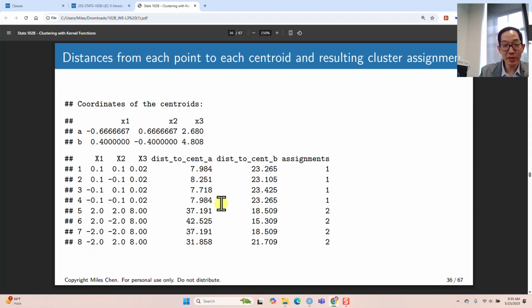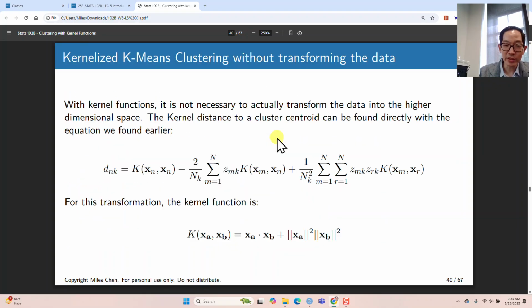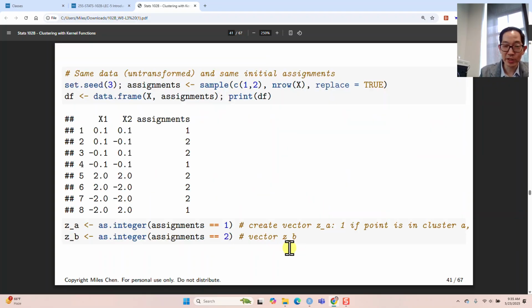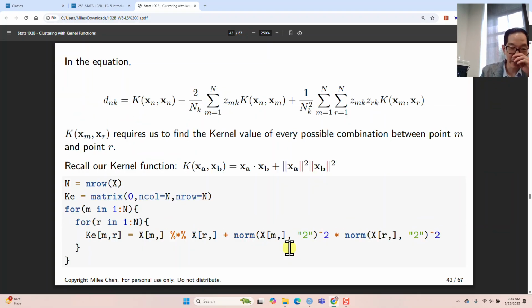But we can also get these same distances. So just remember these numbers, 23.265 and 7.984. We can get that distance directly using this kernelized function, using this inner product business and double summation.